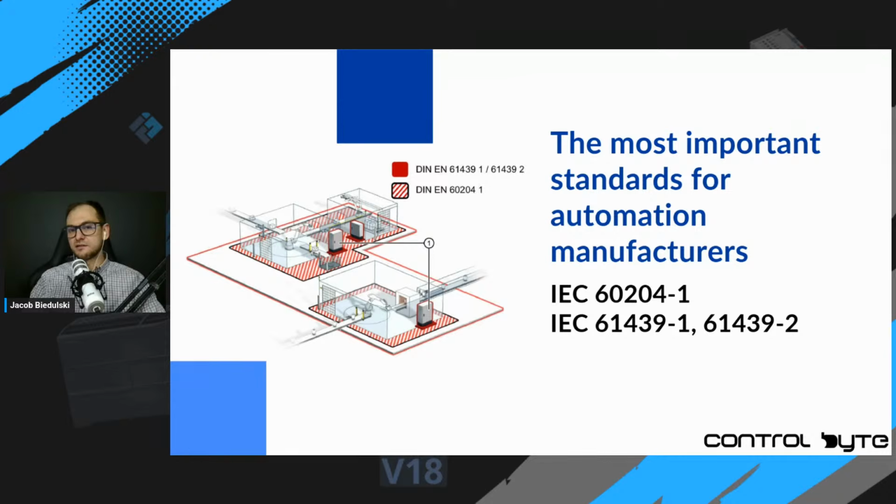And in 61439, you will find all the information necessary to design the control cabinet itself. Okay, so how you should construct the control cabinet so it will comply with the standard.